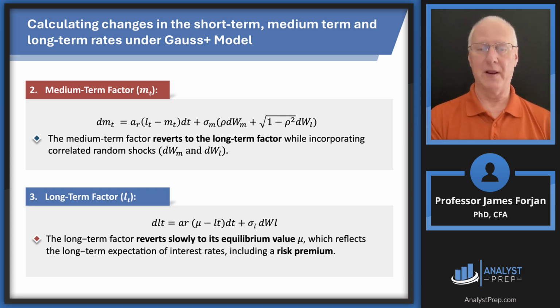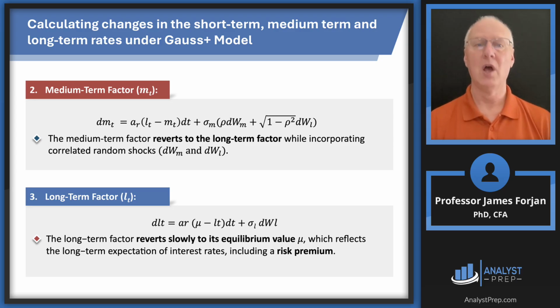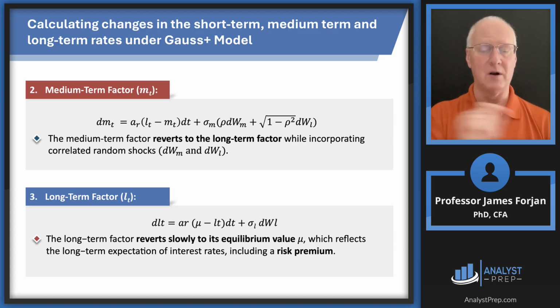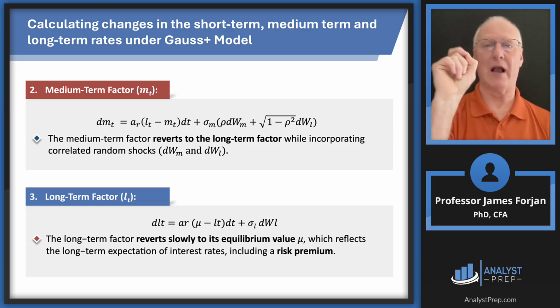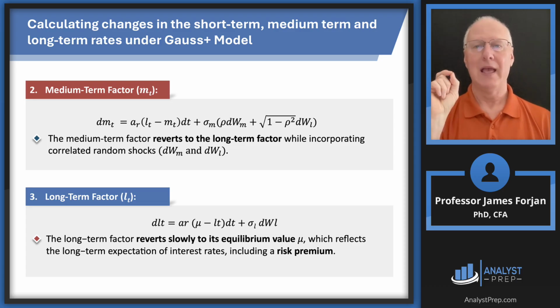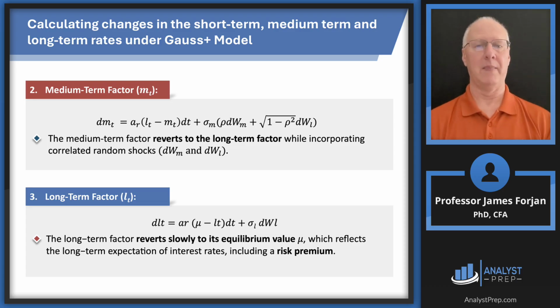So that term out there, the plus standard deviation for the long term, that's probably going to be relatively small. It's not going to add a whole lot to the change. But when we get to the medium term, well, we need to find out the hump. So we have small here, small out here, and then the hump. So we need to figure out where is that peak and how do we compute that peak? And that's going to be way more complex.